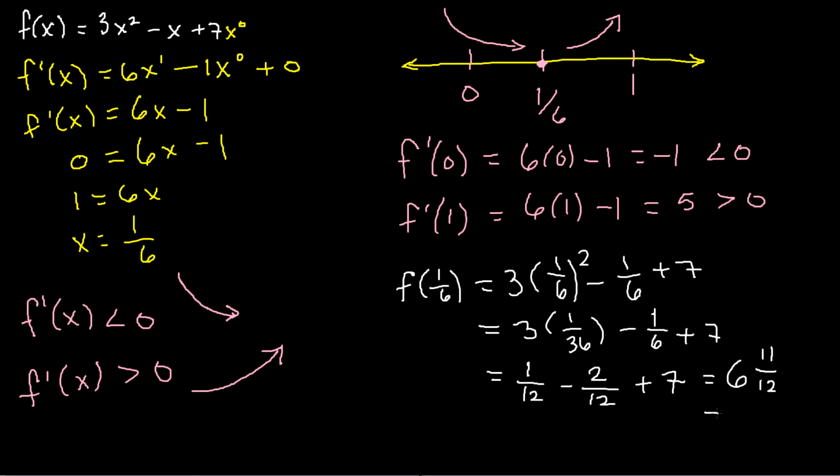This is also equal to 6.916 repeating. And if you remember when we did this using Desmos, the answer that we got was actually 6.917, which is a rounded up version of this one. And this is a perfect example of why doing it by hand, you can get a more accurate answer.